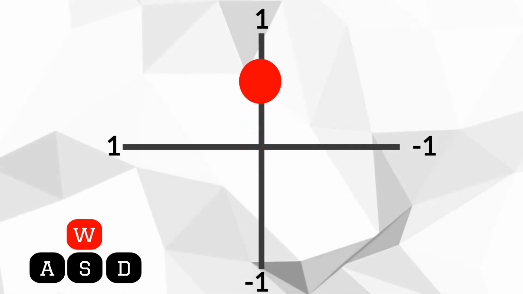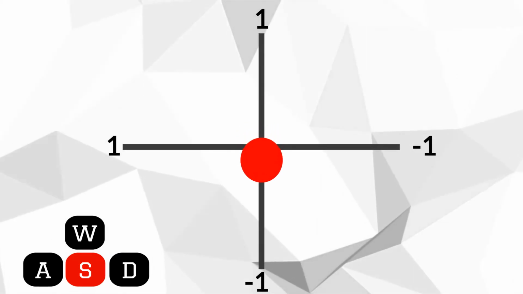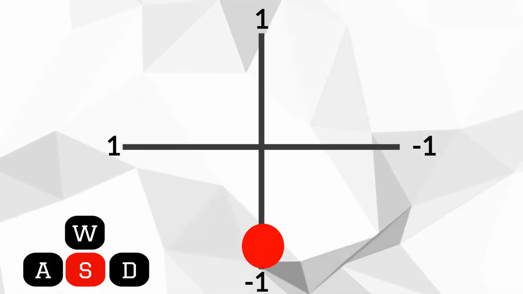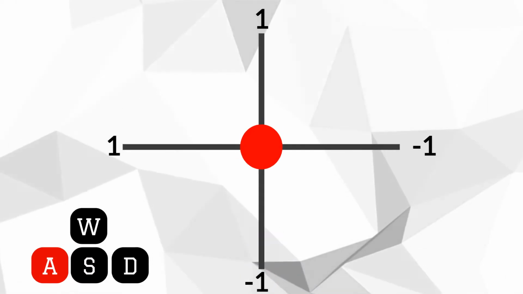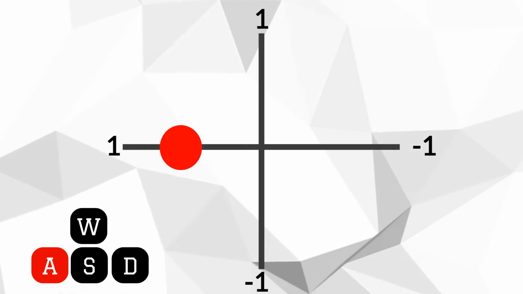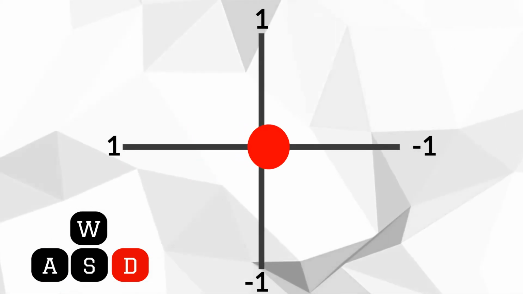And same, if he presses S, he will travel towards -1 on the vertical axis. If he presses A, he will go to 1 on the horizontal axis. And same if he presses D.